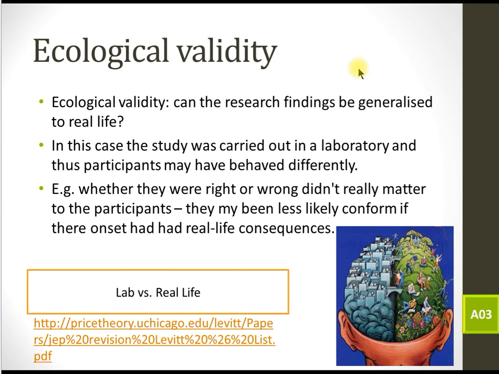Ecological validity then. Ecological validity is another concept that we associate with lab experiments, and in Asch's example it's particularly salient. When we're talking about ecological validity, we're really talking about the degree to which our research can be generalized beyond the laboratory.